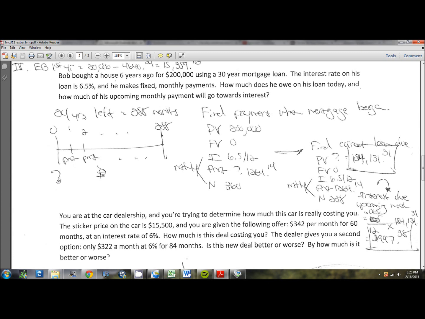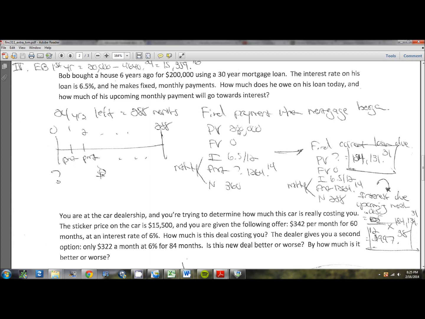The first thing you can do is go back to when he first bought the house and it was $200,000, and solve for the payment at that time, because we know it's a fixed payment, so it's not going to change. It's going to be the same throughout the entire term of his loan. You would do this in a very similar way to the first step of your amortization schedule problems.